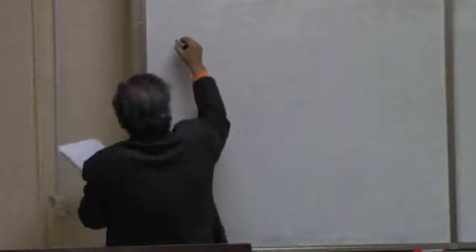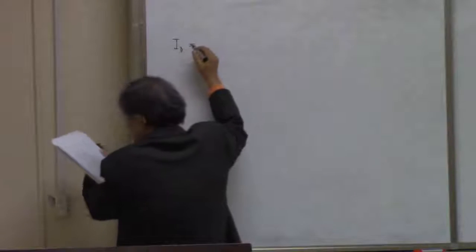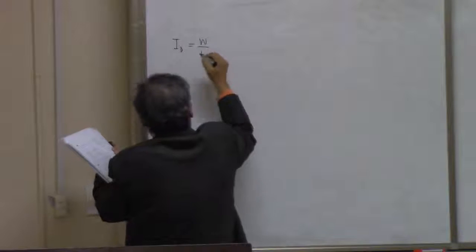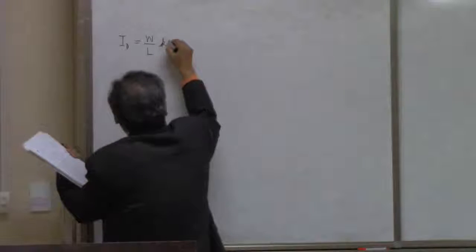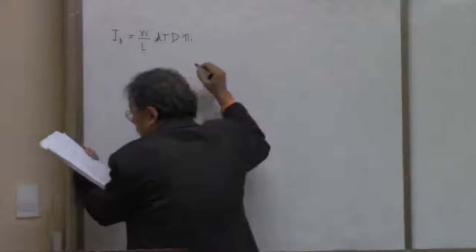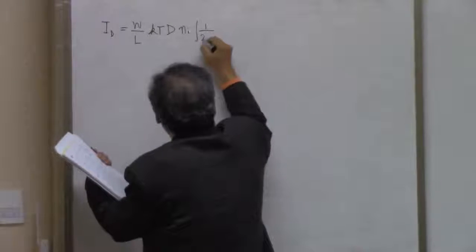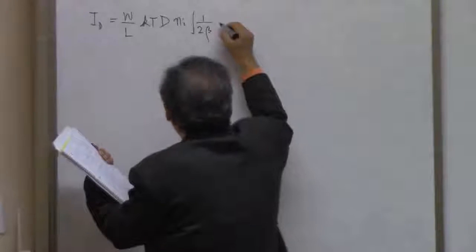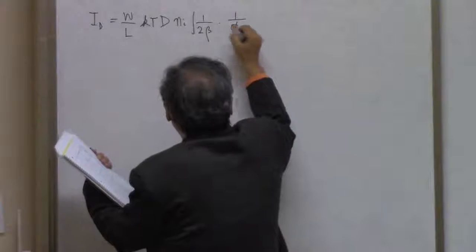Now, last time we had the equation for the sub-threshold current. It's rather complicated, but ID is equal to W over L, that's a geometric factor, and kT, and the diffusion coefficient, and 1/2 beta, and 1 over phi s, the surface potential.